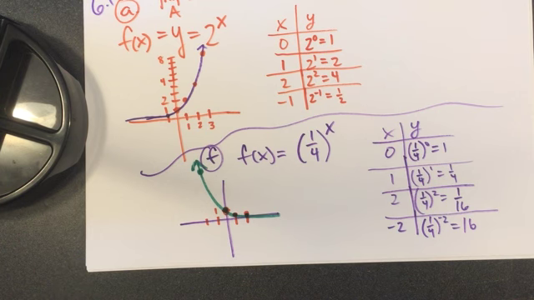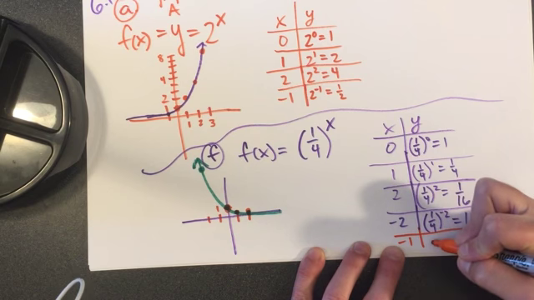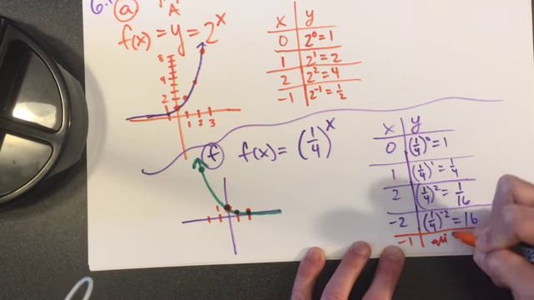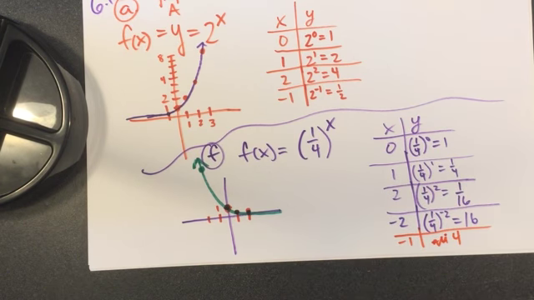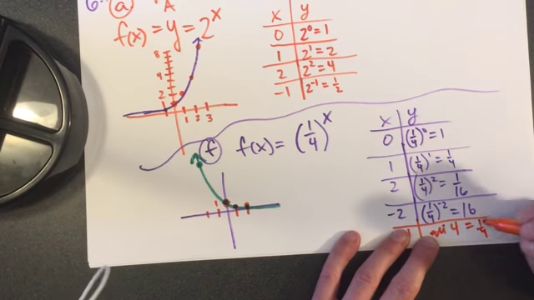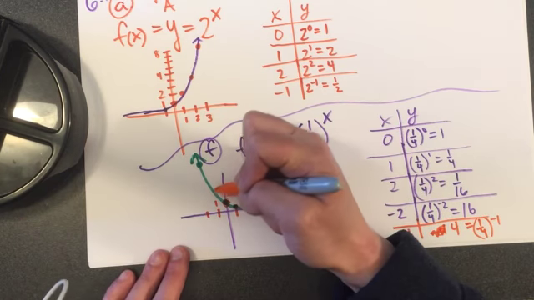Let's try -1 on my chart just to make sure I got the right answer. -1. This becomes a positive 4 here. Pardon me. That's because it's 1/4 to the -1 power, which just means 4. So we should be here.